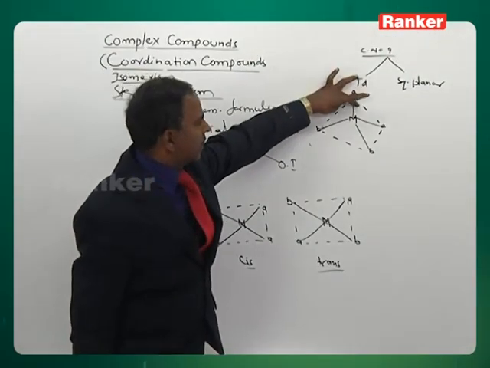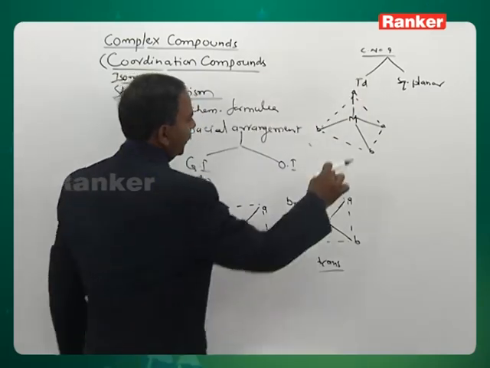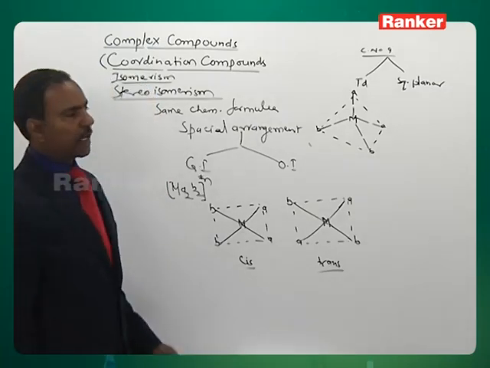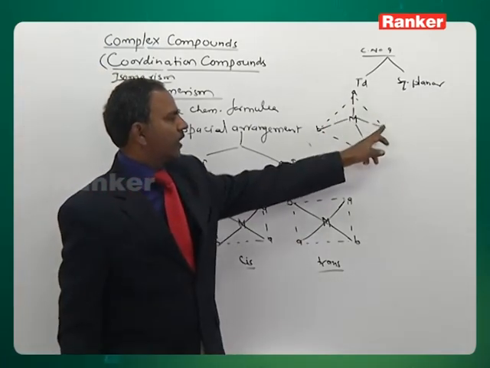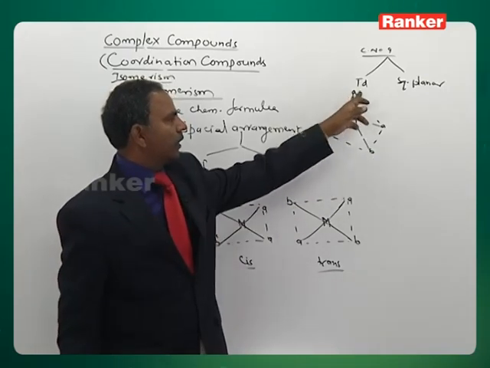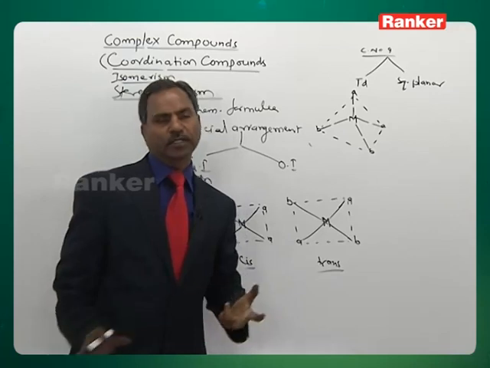This particular A ligand is equidistant from the remaining three ligands. This A to A distance, A to B, or B to B, all the distances are more or less the same.